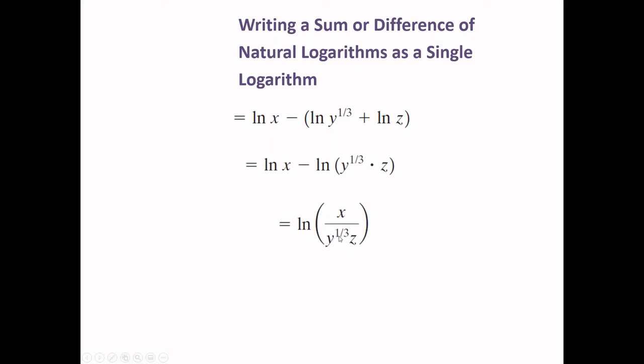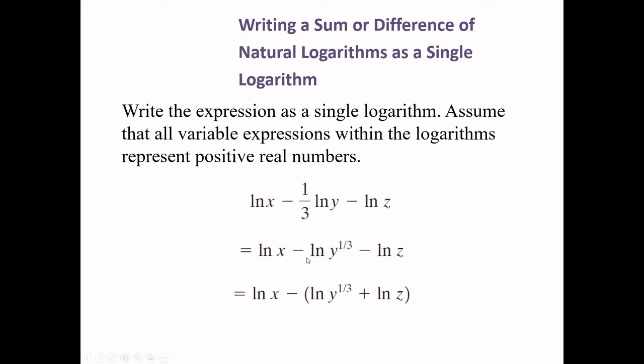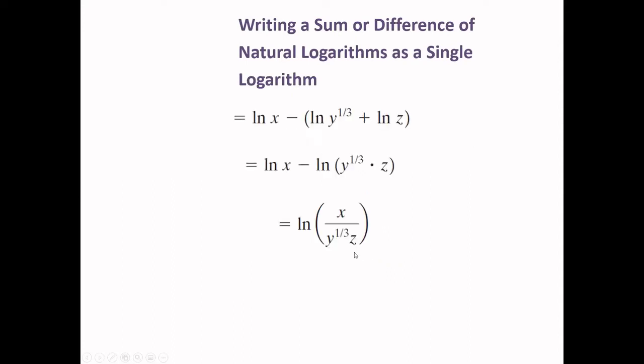Now, the only other thing we can do on this problem is change this y to the 1/3 into the cube root of y. Again, I don't like this grouping thing. I think it's an opportunity for error. I prefer to go straight from this step right here to that step right there.